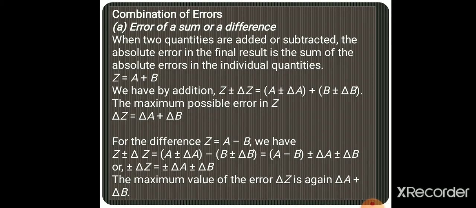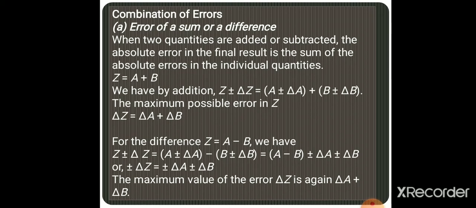Error of a sum or a difference. When two quantities are added or subtracted, the absolute error in the final result is the sum of the absolute errors in the individual quantities.